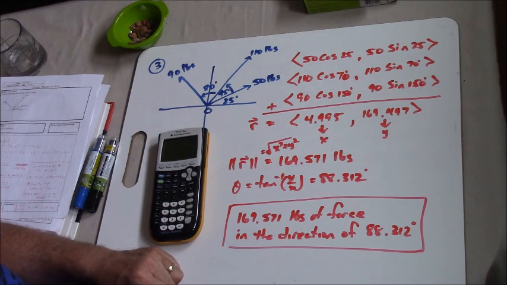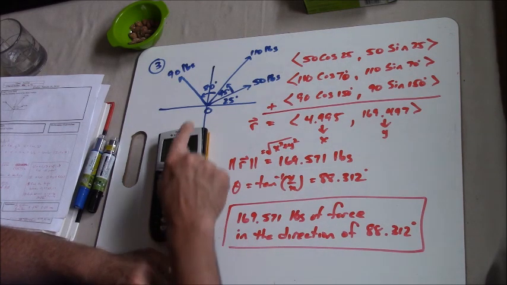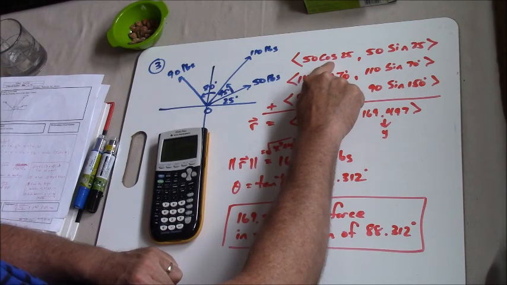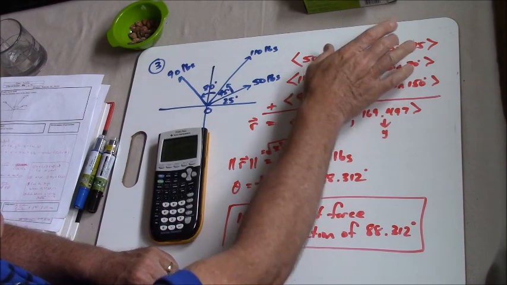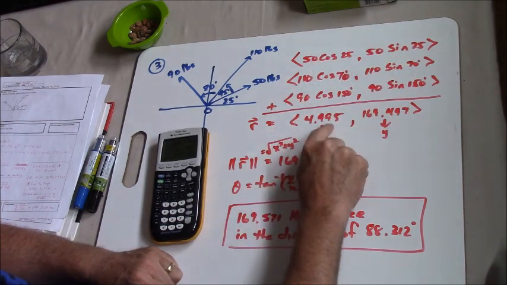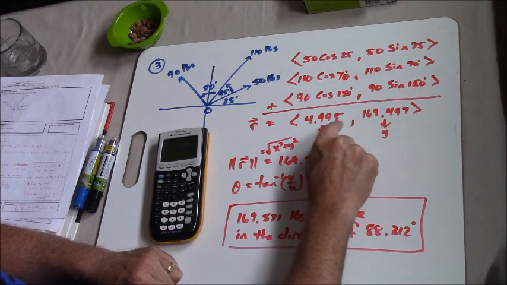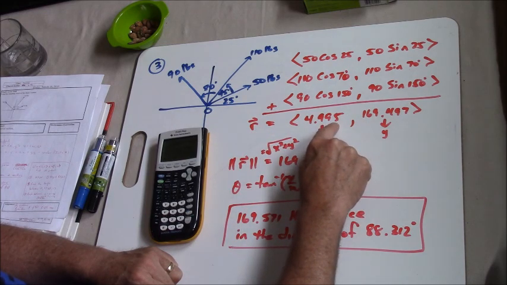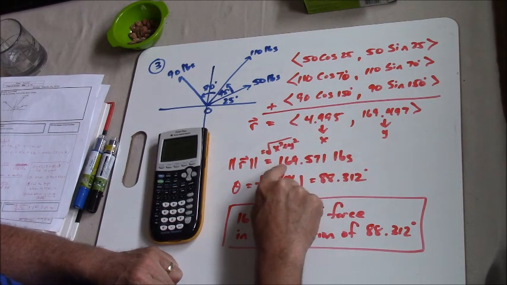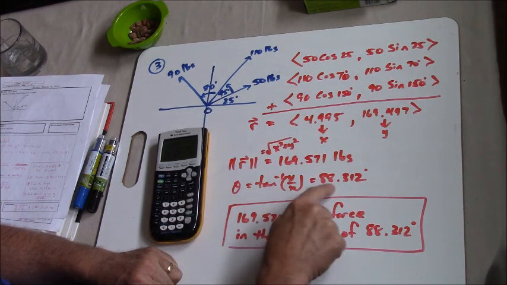All right, there it is. That's what we have for today: taking a force and writing it as a vector, adding those together to get a resulting vector in component form, and then changing it back into the magnitude, like we did yesterday, and the direction.